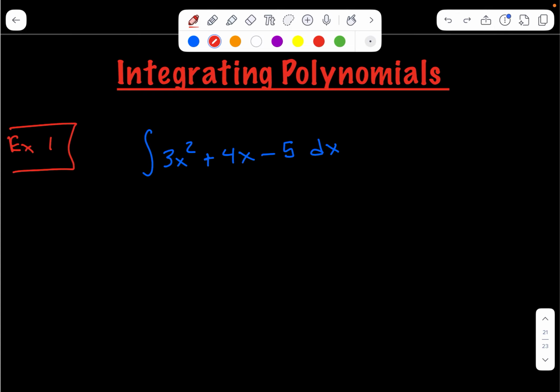Today we're going to go over how to integrate polynomials. So once you know how to use the power rule and how to integrate 1 over x, the logarithmic rule, integrating an entire polynomial is actually super easy due to something called linearization.